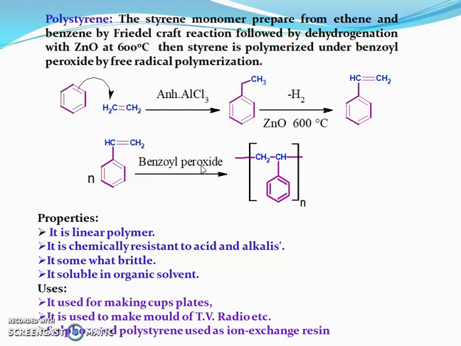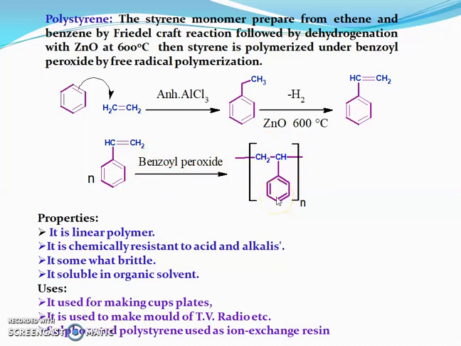Free radical polymerization results in an atactic polymer which is amorphous, but catalytic polymerization gives a crystalline polymer. Therefore, n number of styrene molecules can be polymerized using this peroxide to get polystyrene as the polymer.